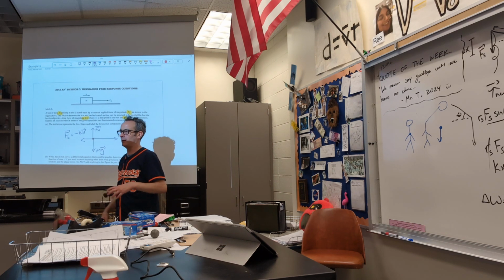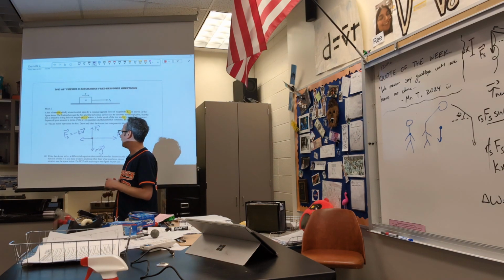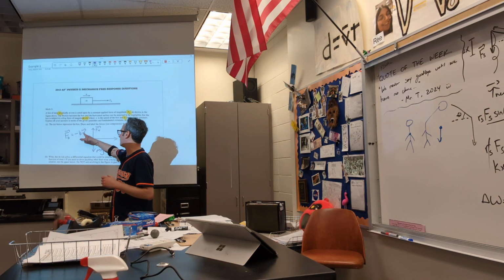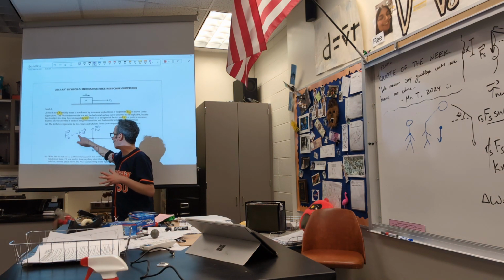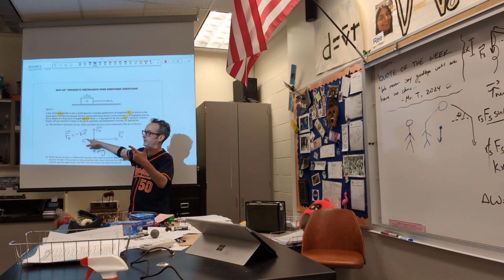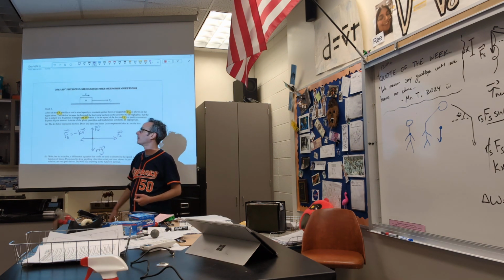But a lot of that kind of depends. The drag forces you guys are probably going to deal with the most are directly proportional to V or directly proportional to V squared. Those are the ones I've mostly seen.